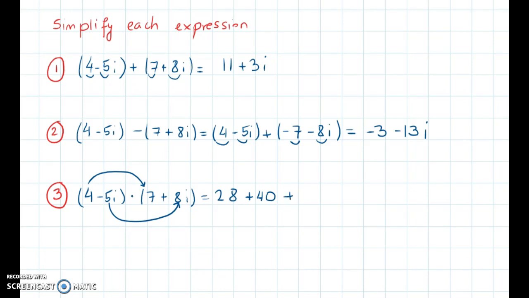And then for the imaginary part, real times imaginary is going to give me 4 times 8, 32, and -5 times 7, that's -35. All that multiplied by i. So this is 68 minus 3i.